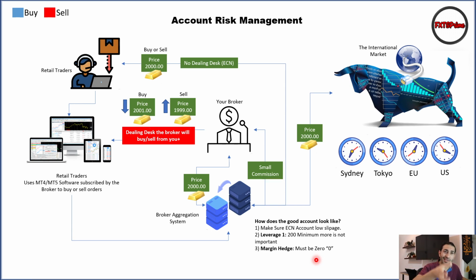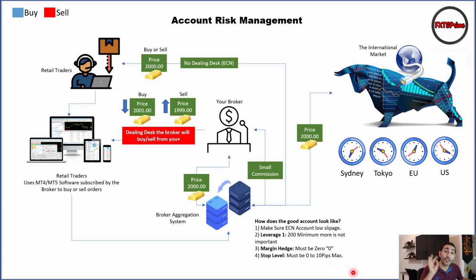So if I pay $18 for sell and I pay $18 for buy, 18 sell minus 18 buy is zero. That is your margin used. Okay, so this is the hedge margin. This has to be zero. If your account on the other broker is 50% or 25% or 70%, that is rubbish. Throw the account.